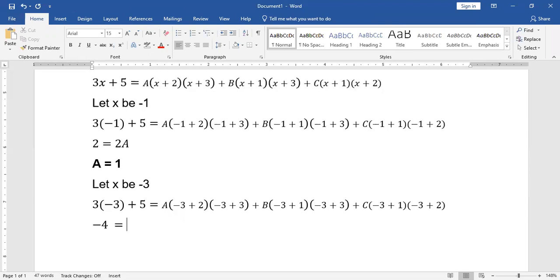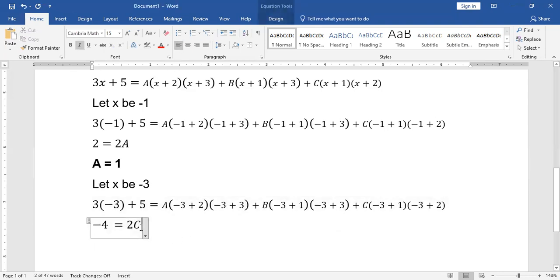Okay, so when we say open brackets, negative 3 plus 1 close brackets, multiplied by open brackets, negative 3 plus 2, it's giving us 2. So we have 2c here, and we are solving for c.